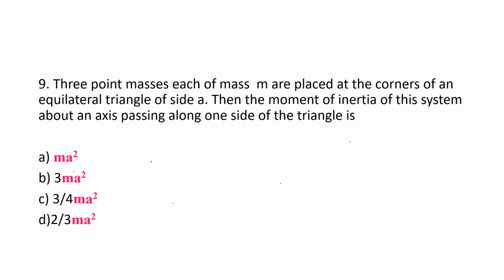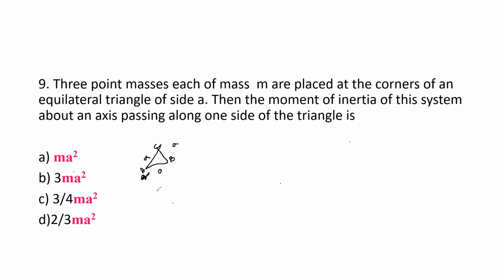As it is an equilateral triangle, we will consider each side as A. We can name the corners A, B, C. The mass at A is m, B is also m, C is also m. Each mass is m and the sides are A.